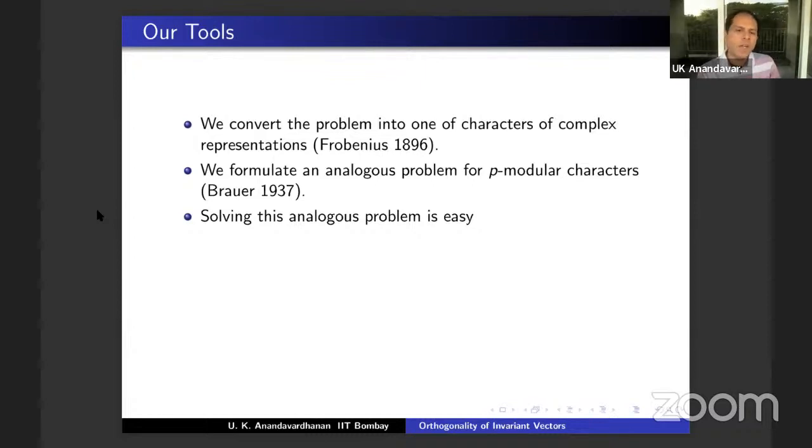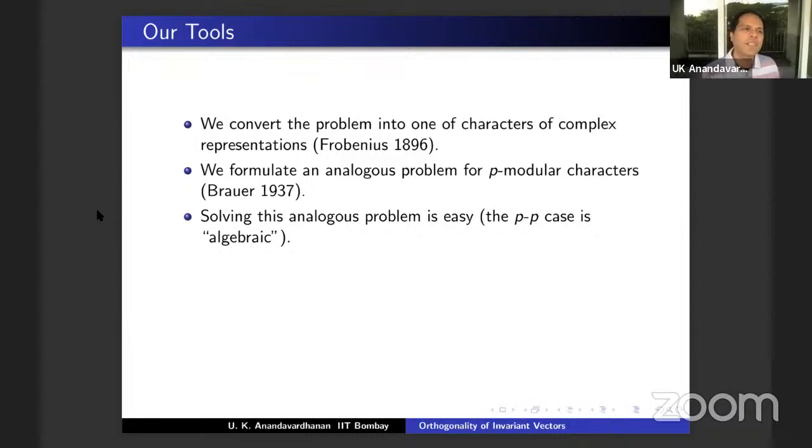I give a one-line philosophical reason for that: it is what is called a P-P case, because P divides the cardinality of your group on the left-hand side, and the characteristic of the field over which the vector space is defined is also P. So once you have P on both sides, representation theory becomes more algebraic.